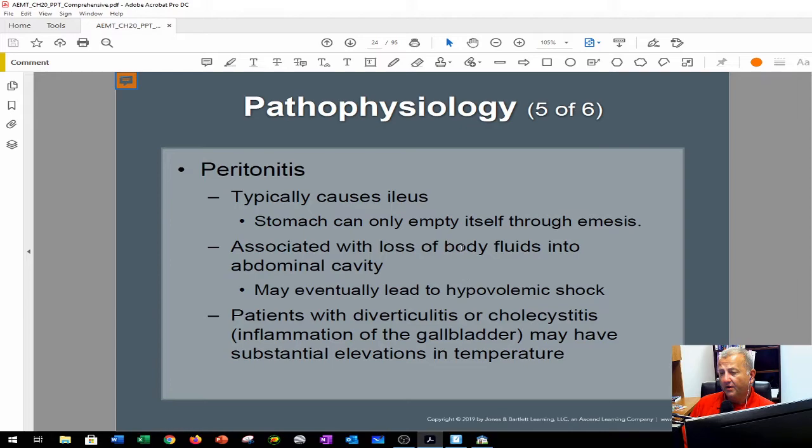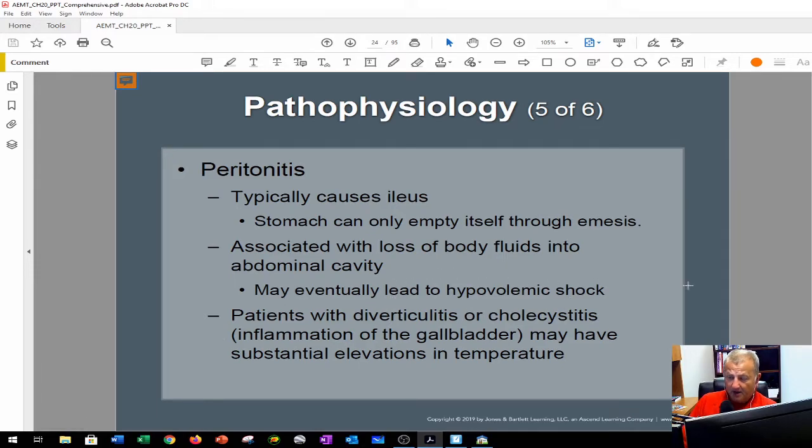But it can happen, especially in different circumstances, like maybe a peptic ulcer that's bleeding, or maybe you have a small intestine that has a blockage and it's perforated, it's open, so that's where you start getting into hypovolemic problems.